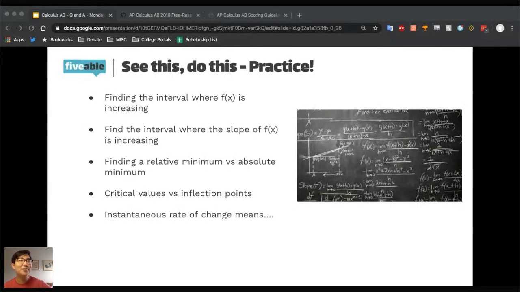Derivative. Great job. Remember, average rate of change has been cut from AB. It's still on BC though. So that's just 1 over B minus A times f of B minus f of A. It's literally change in y over change in x. I don't know why they cut it.